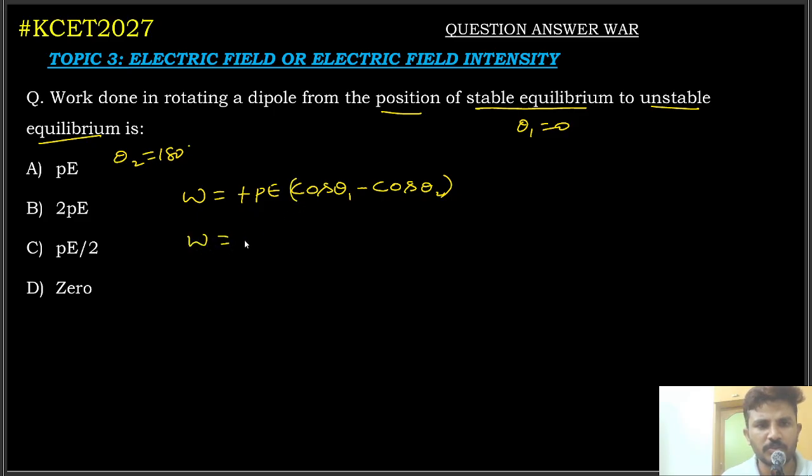We don't know P or E, in the options also PE is given as it is. Cos theta 1 is cos 0, that is 1. Cos 180 is minus 1, minus into minus is plus 1. You will get 2PE, because cos 180 degrees is minus 1.